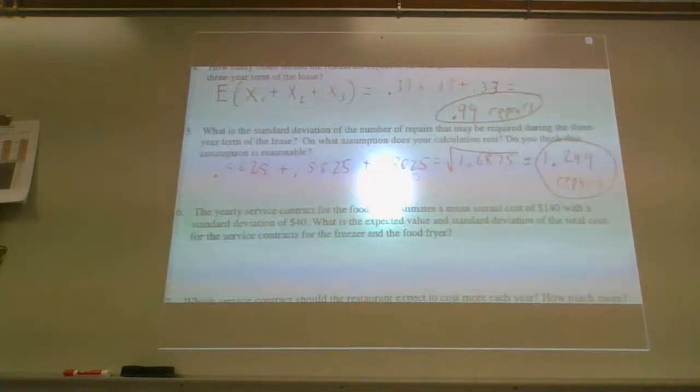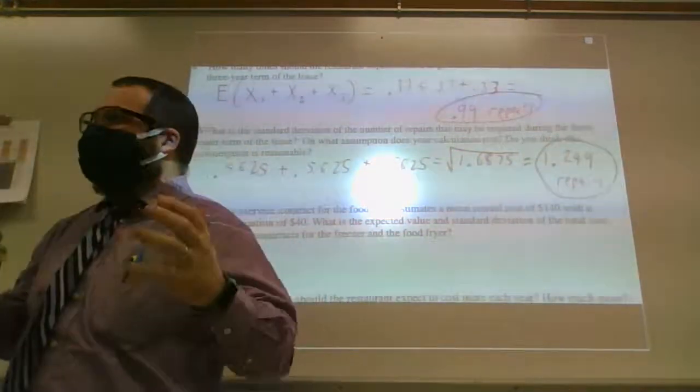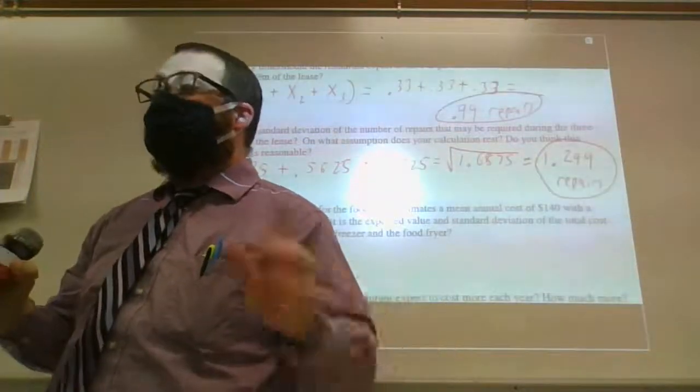Why did we convert this one to variance and not number 3? Good question. The whole premise behind converting to variance is when you are trying to combine 2 distinct standard deviations.